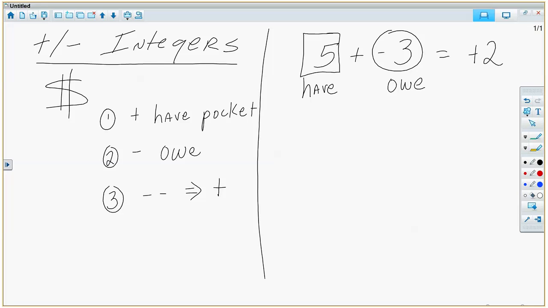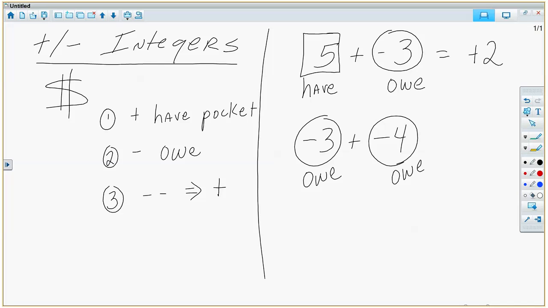Let's say that you have this, negative 3 plus a negative 4. This means that you owe $3. This means that you owe $4. Now, if you owe me $3, and you owe Miss Burton $4, what's the outcome of that situation? You owe $7.